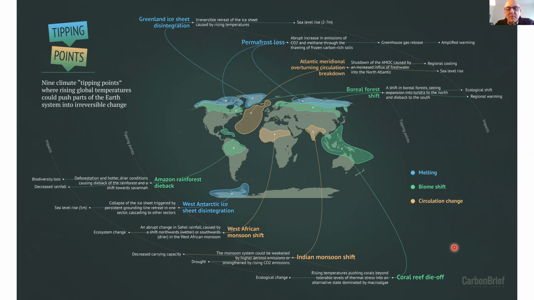And this ranges from the polar regions with disintegration of ice to coral reef die-offs and shifts of the monsoons, which would affect weather patterns in Africa and India. And then there's the Atlantic meridional overturning circulation. This is only, I think from my point of view, only some of the possibilities.